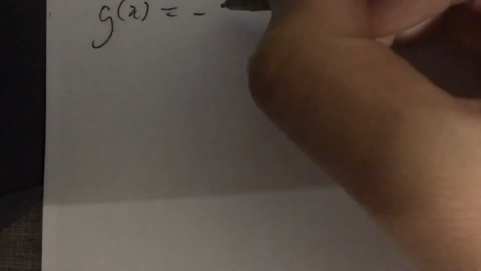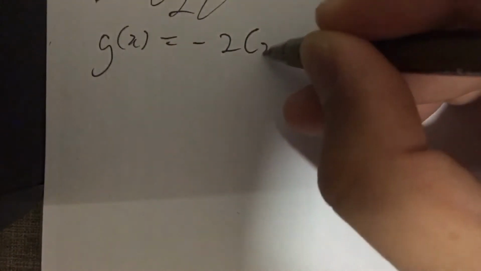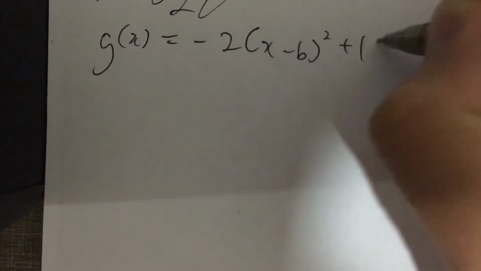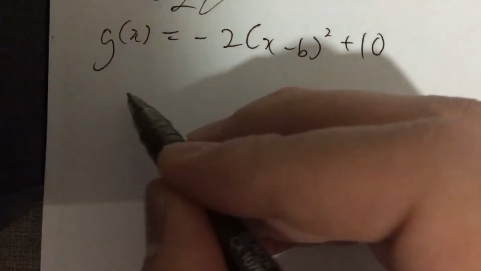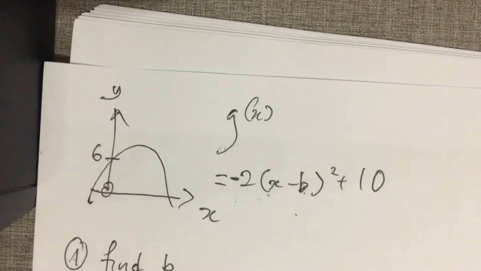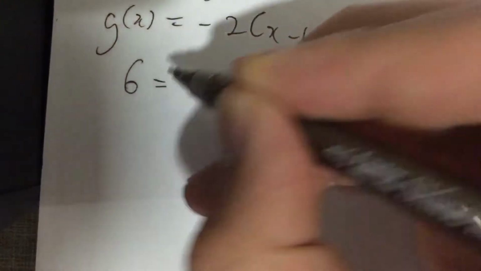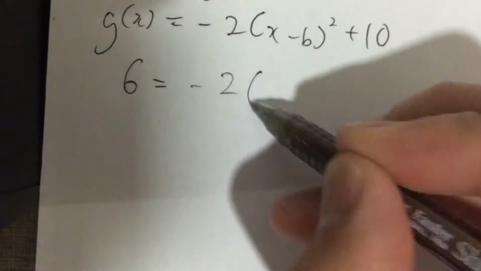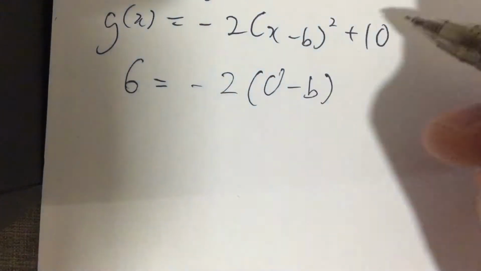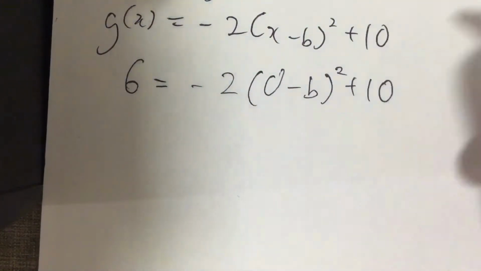Okay, let me show you. g(x) = -2(x - b)² + 10. The y in the picture is 6 when x is 0. So you put 6 here, x is 0, so -2(0 - b)² + 10.